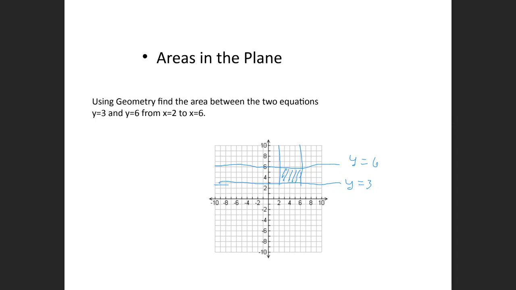Now, if I wanted to use calculus, I would do this. Calculus says that I'm going to go from the starting point to the ending point on the x-axis. So I'm going from 2 to 6. And then top function minus the bottom function. Well, the top function is 6, and the bottom function is 3.